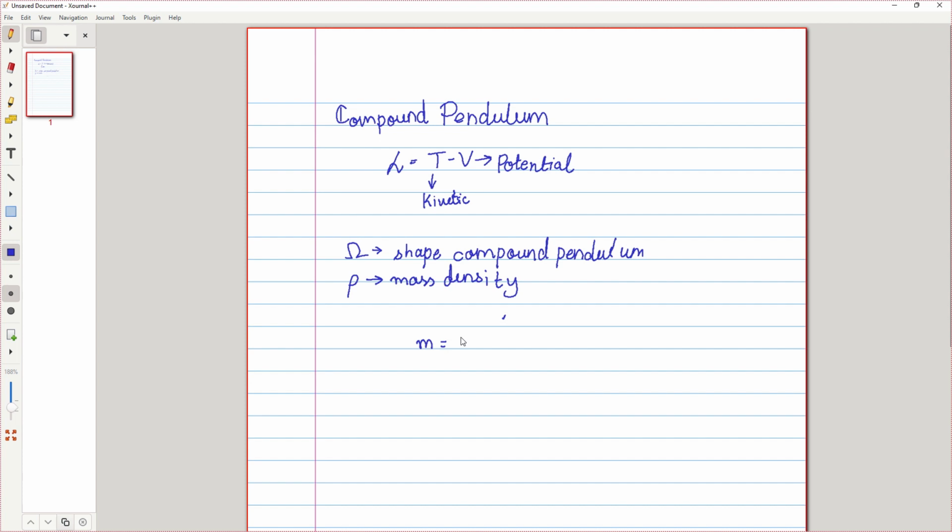We need to find the mass of this compound pendulum, which is the integration over the entire shape of rho as a function of p, the mass density over the shape of the compound pendulum. And here we need to find the center of mass.